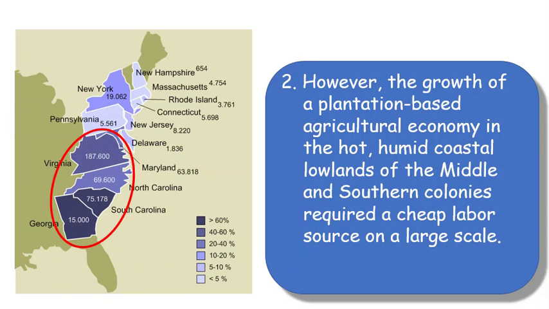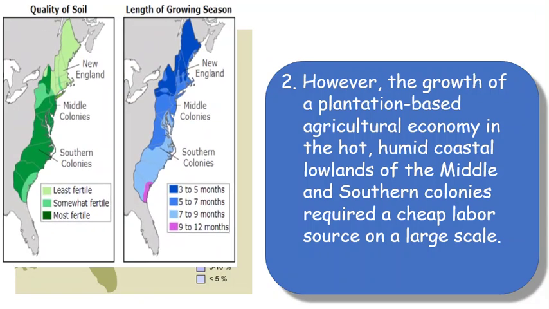But in colonies like Georgia and South Carolina, slaves made up over 60% of the population. In the hot, humid coastal lowlands of these colonies, a cheap labor source was required to farm on the large scale that developed there. You just had a different kind of agriculture develop in these colonies.